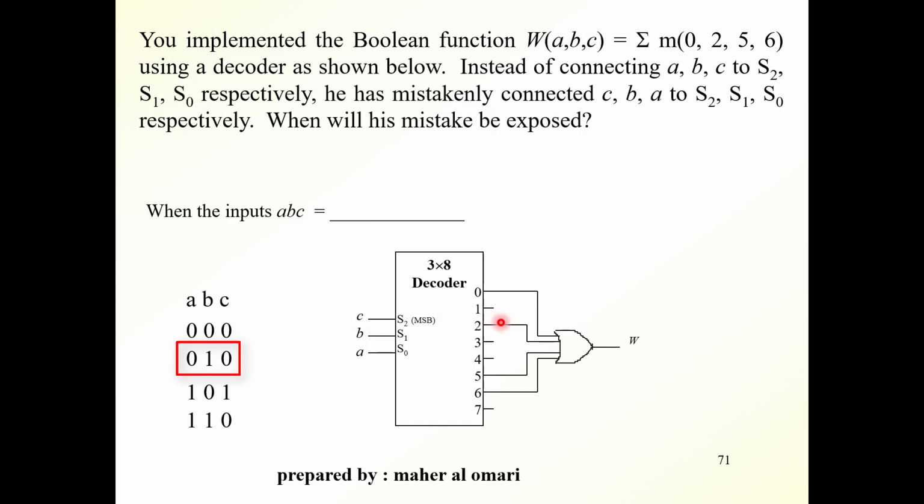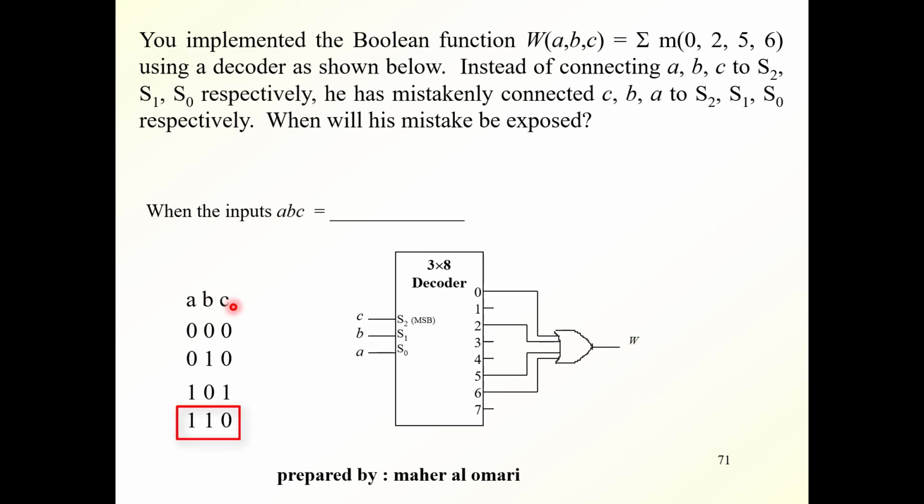This will lead to this output going out, making W equal to 1. That's fine. For minterm 5, C is equal to 1, B equal to 0, and A equal to 1. This will make this output active, which will make W equal to 1. So this is all right again.